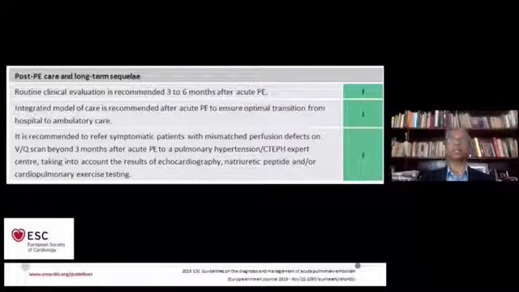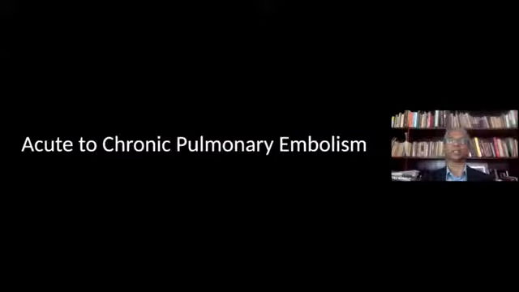Routine clinical evaluation 3 to 6 months after an acute PE should be done, and I'll come back to this a little later. Integrated models of care, as already mentioned, to go from an acute PE to hospital or ambulatory care. And if patients on a VQ scan continue to have mismatched perfusion defects when you do a VQ scan or a CT scan, then refer to a center with expertise in managing CTEPH.